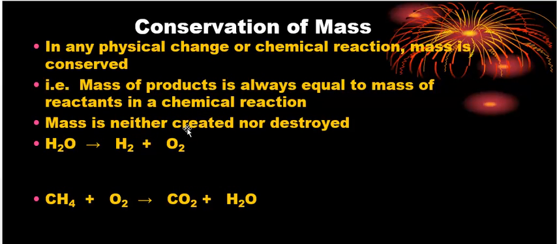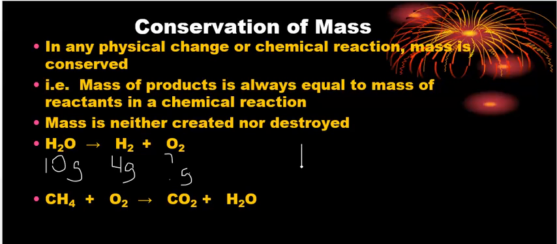Conservation of mass. In any physical change or chemical change, mass is conserved, and this is a scientific law that we use quite a bit in chemistry. Let me give you a couple examples here with these equations. In the first example, the decomposition of water, assuming I have 10 grams of water, and I know that I end up with 4 grams of hydrogen, I should be able to tell how many grams of oxygen are produced based on the law of conservation of mass.